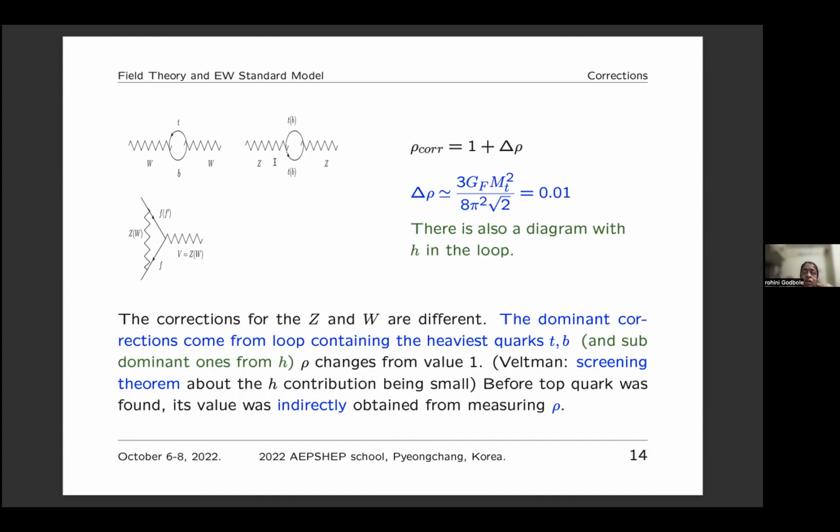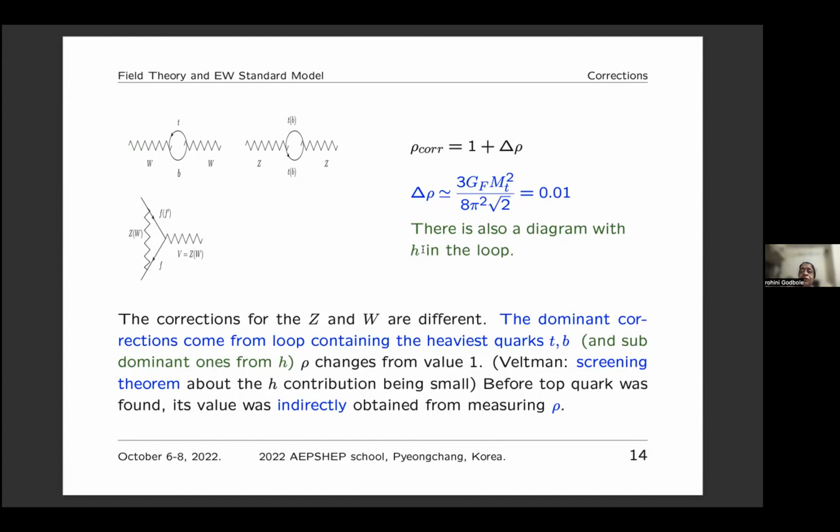In addition to changing the W and the Z masses, another important correction is in the Z to fermion-pair vertex, which is the coupling of the Z to a pair of fermions. I should have drawn it the other way around. And these three are what are called non-decoupling corrections.